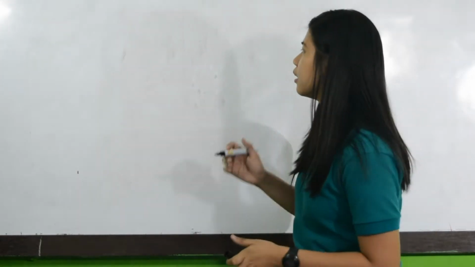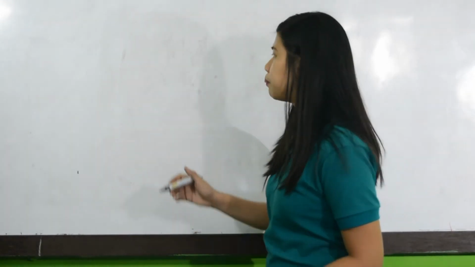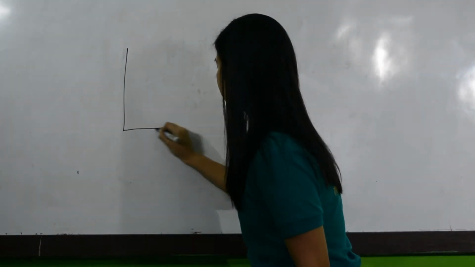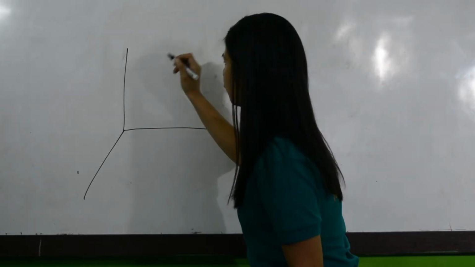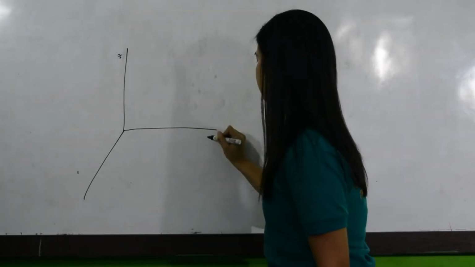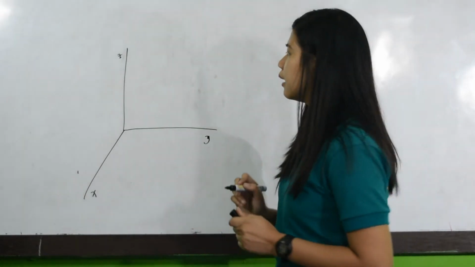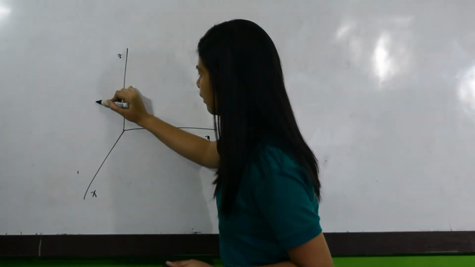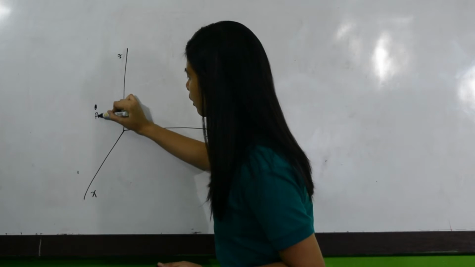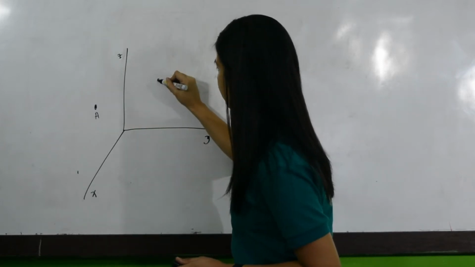So it goes like this. First, we need to draw a 3D plane. We have our z-axis, our y-axis, and x-axis. Let's say our point A is located here, and our point B is here.